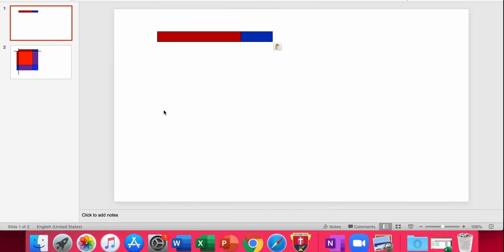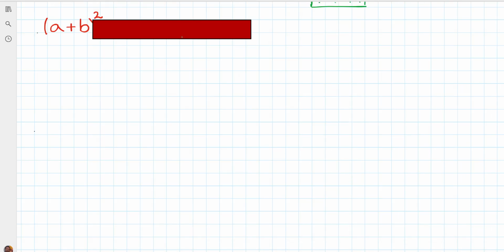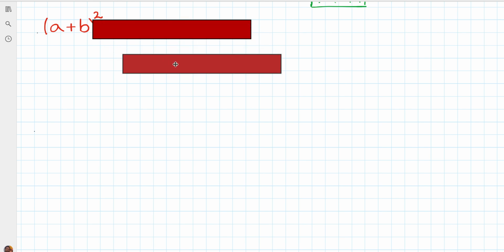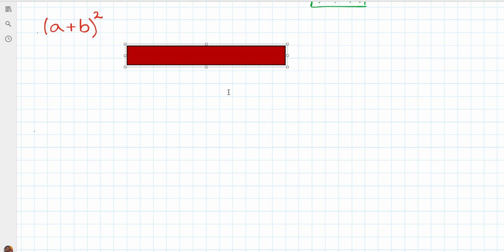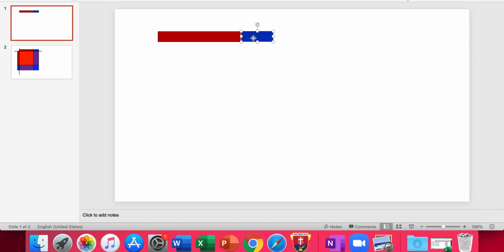So to do that, I have created this square. Okay, here we go. This one, I'm going to put it here, and I'm going to call this one A. So the red one is going to be A. You just have to be very patient, girls, while I copy one of these at a time.